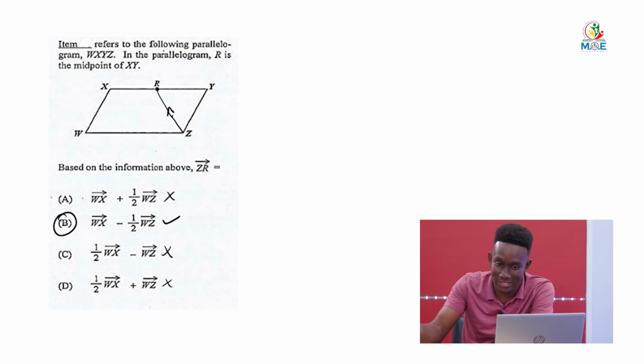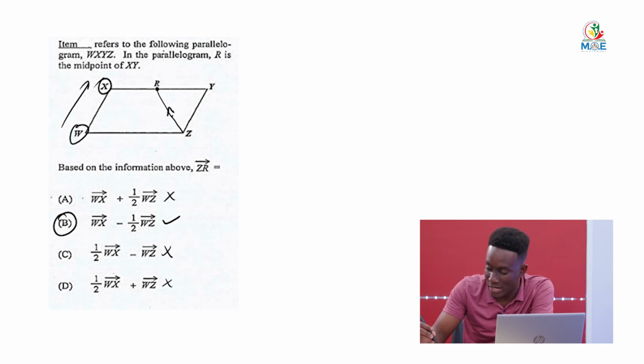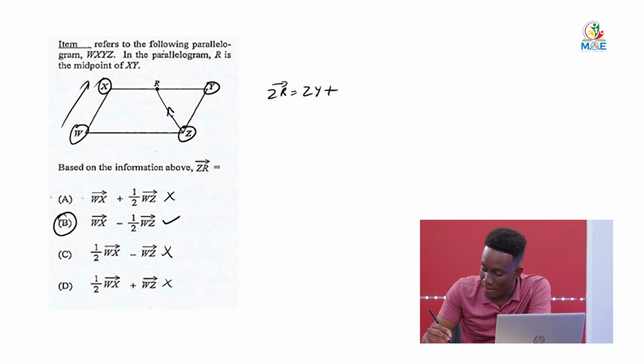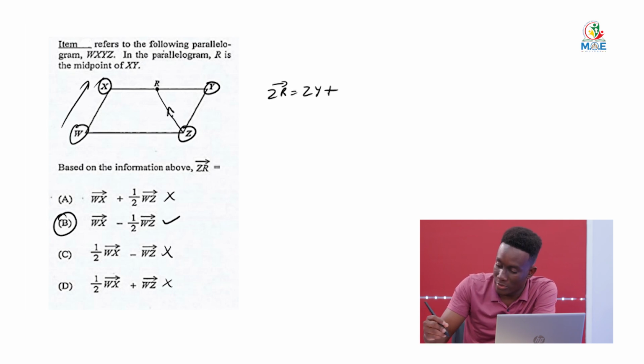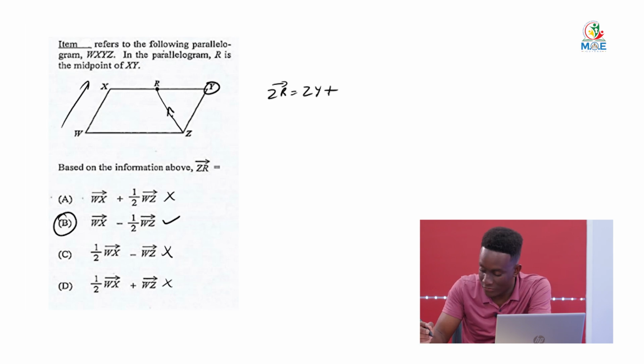Why is this the answer? Let's go through it one more time. WX will be from here to here. We're going in that direction. And because WX is parallel to here, we can say ZR would be the same as ZY plus half of WZ.